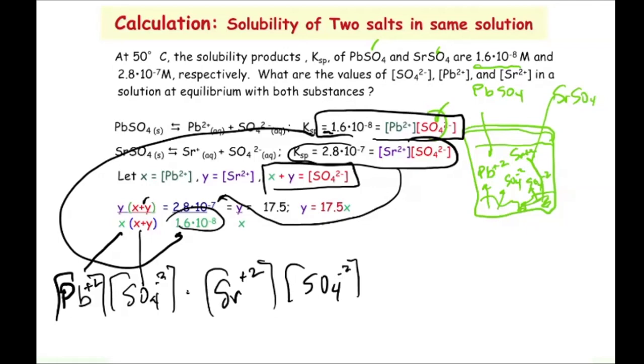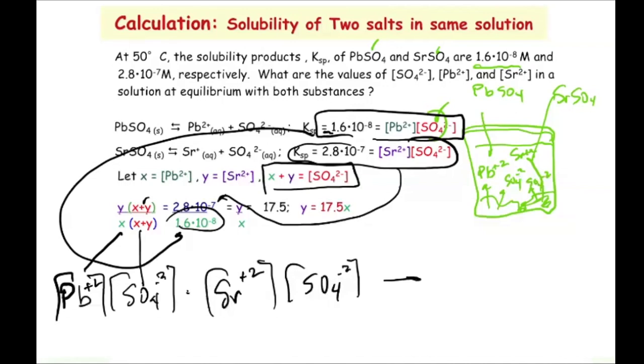You always put the bigger number on top, that way you don't have to deal with fractions. I always like to put the bigger number, 2.8 times 10 to the minus 7, on the numerator, and 6 times 10 to the minus 8 in the denominator. It really won't make a difference if you switch both, but then you'd be dealing with decimal points rather than whole numbers.